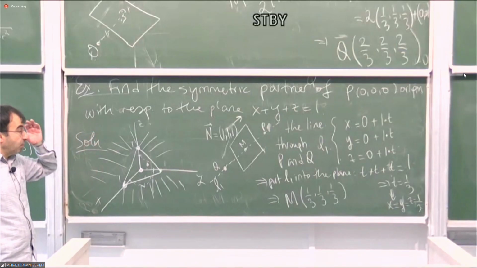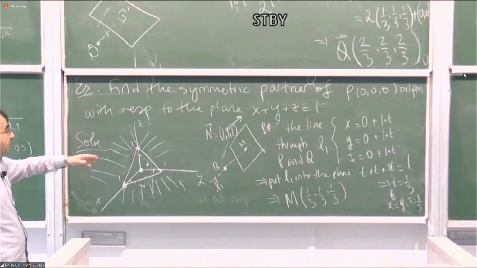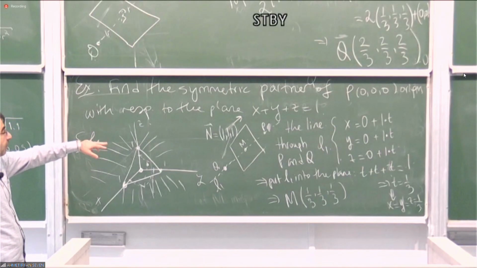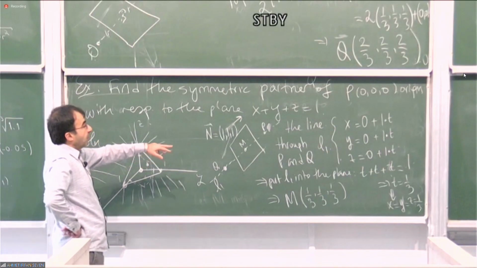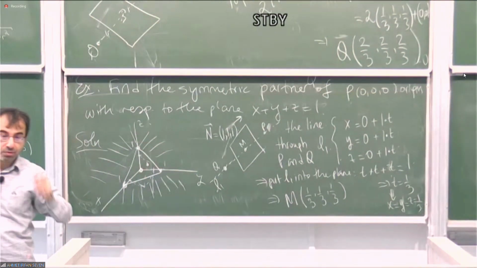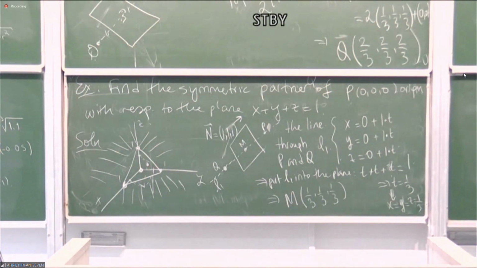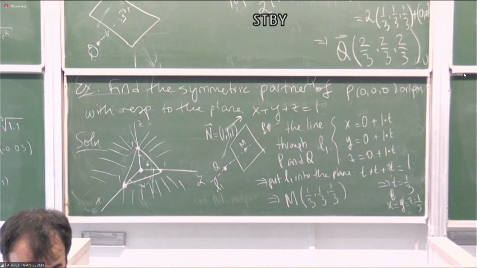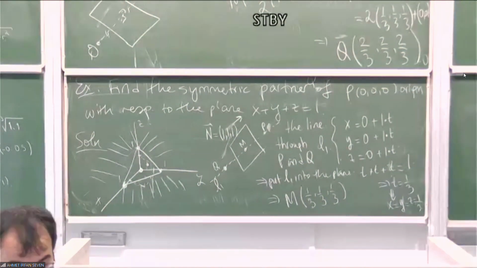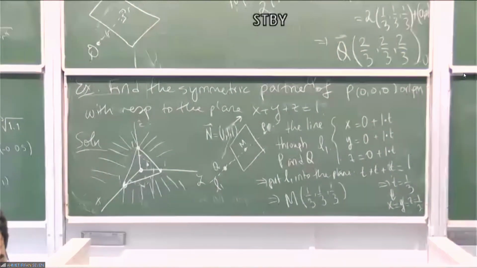Then we write the parametric equation of this line and put it into the equation of the plane to find the intersection point. The intersection point will be the midpoint. Then we find the symmetric partner very easily. That's all for today. So we stop here.